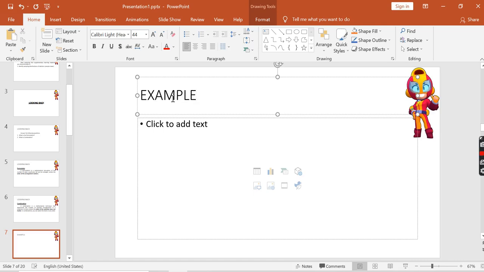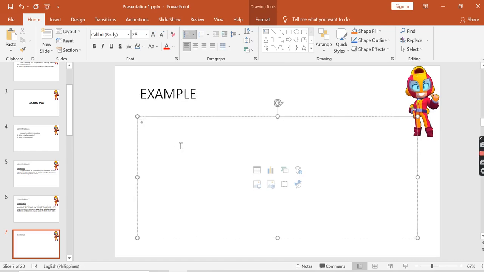Let's say I have here a set of numbers. Let's say the first set I have is 1, 2, and 2, 1.